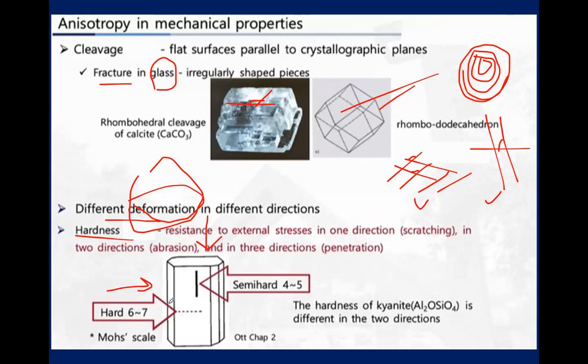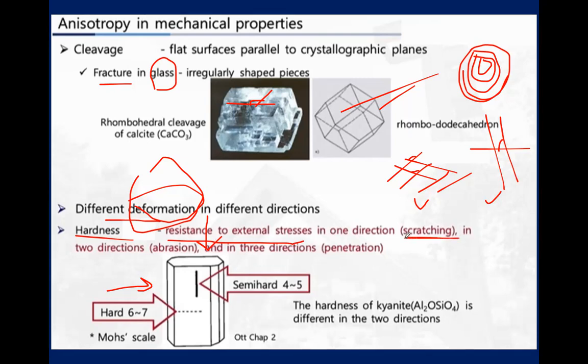In some different directions the hardness is also different, but in general there is a given hardness for a mineral in most cases. But if the mineral is very anisotropic, then you will see the properties changing by different amounts in different directions, right? So hardness is actually the resistance to external stresses, and also the ability to be scratched, right?